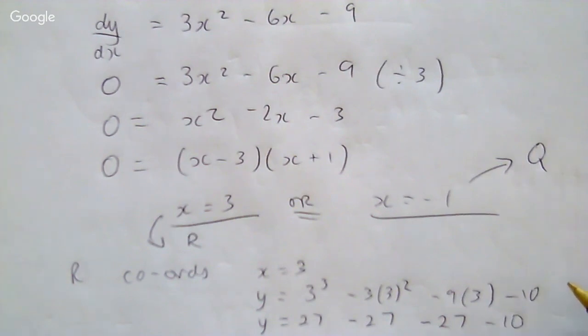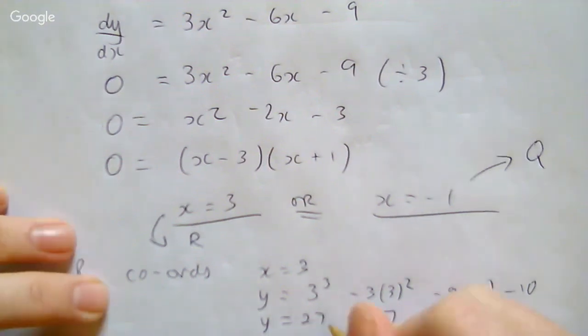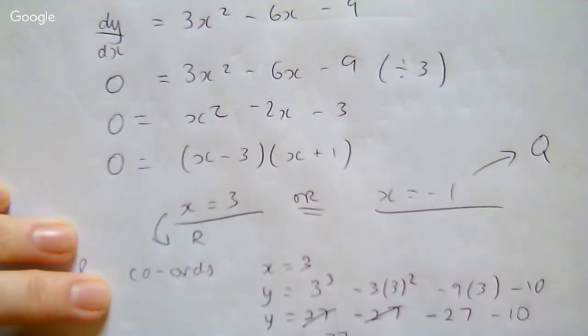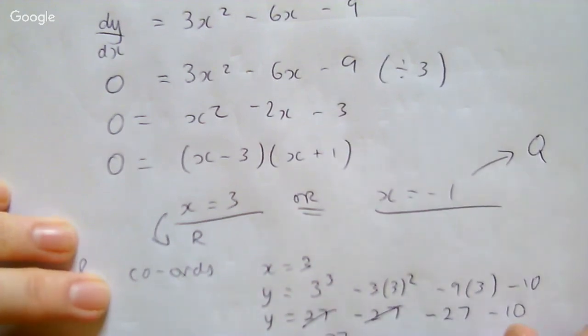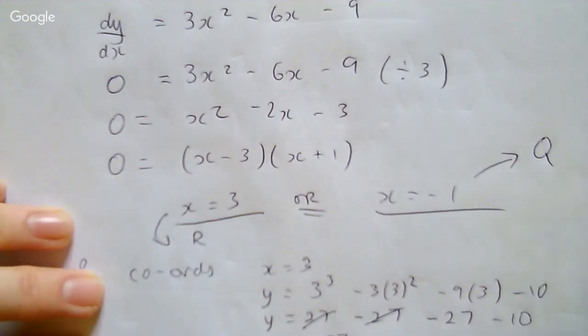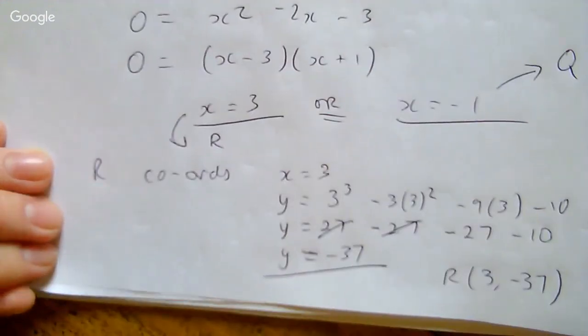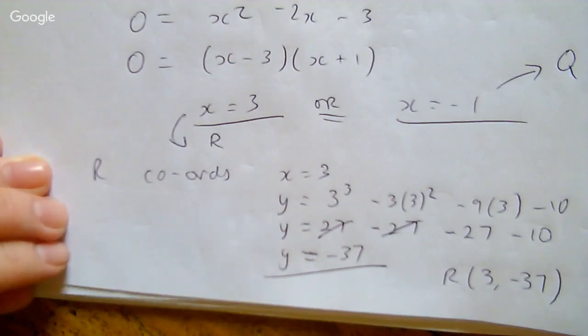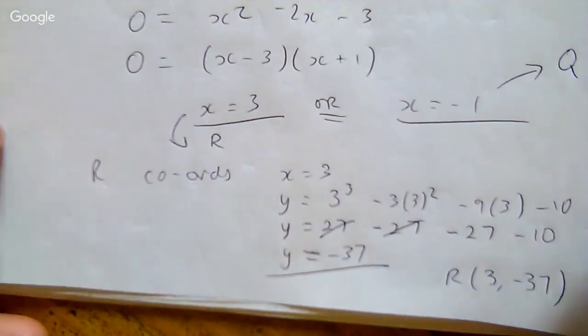And I'm hoping that's looking right. In fact, I'm doing extra work that I wasn't even required to do, but it doesn't matter. I've done it now. So we're going to get minus 37 for R. So R was (3, minus 37). Okay. And then I could have done the same for Q, but I've just reread the question. It's not asking me to find the y coordinates at all, so why bother wasting our time?